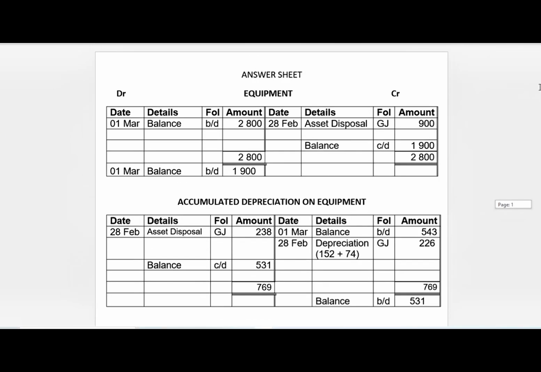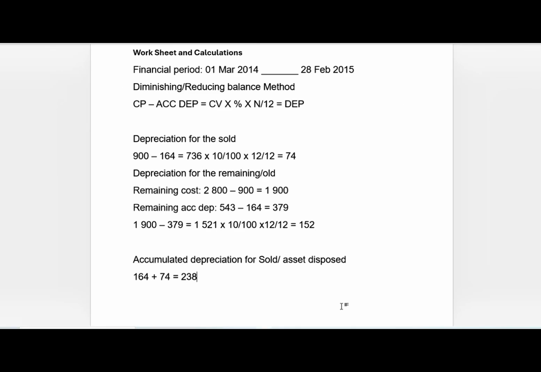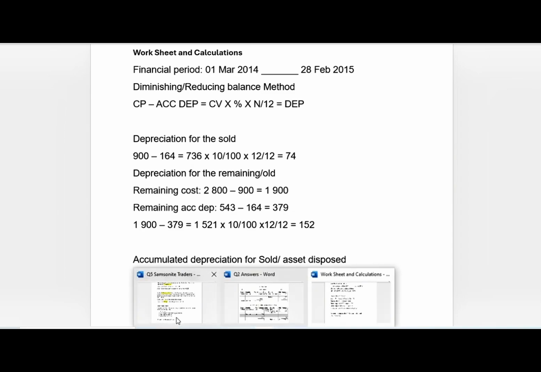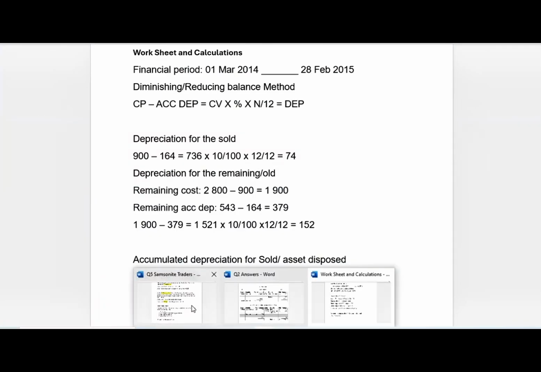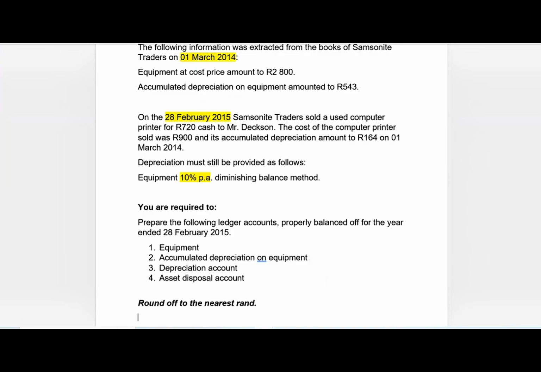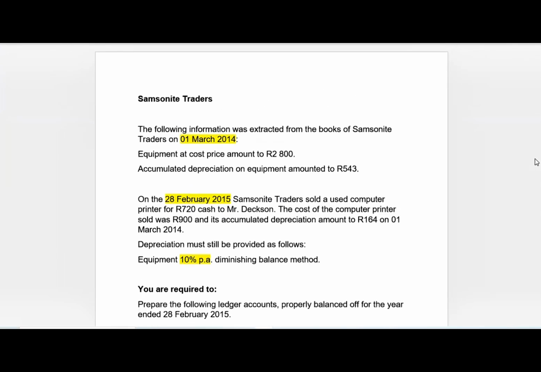And then this is our calculations for depreciation, and I've explained how and where to get this, because most of the time people struggle here, but this must not be a problem anymore because you've got me right now, right? And then this is our question paper, and if you need it, just send me a message or put a comment on the video, and I'll be able to respond to you.